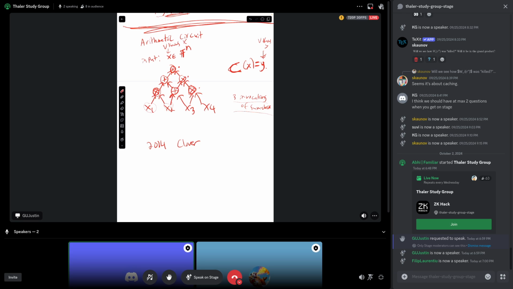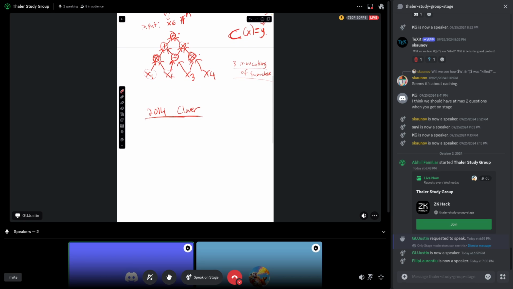And so really, Clover is actually just a SNARK. It just didn't know it was a SNARK because in 2014 we didn't have this perspective. Basically none of the authors of Clover, of which I'm one, knew what a polynomial commitment scheme was at the time. Okay, so let me describe how Clover works.